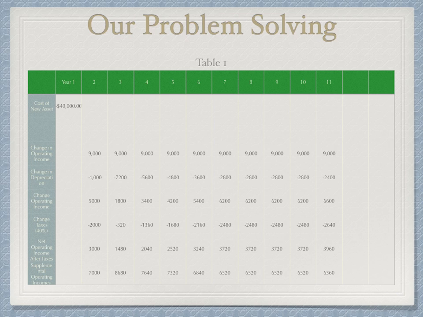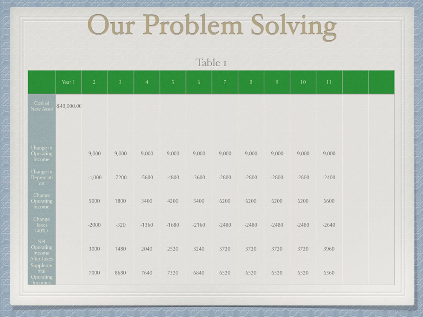Then we go into the change in taxes. So we consider the fact of the 40% marginal tax rate, and that it is a cost, the asset cost of $40,000. The net operating income after taxes is then calculated, as you can see, and eventually we are able to calculate the supplemental operating incomes.